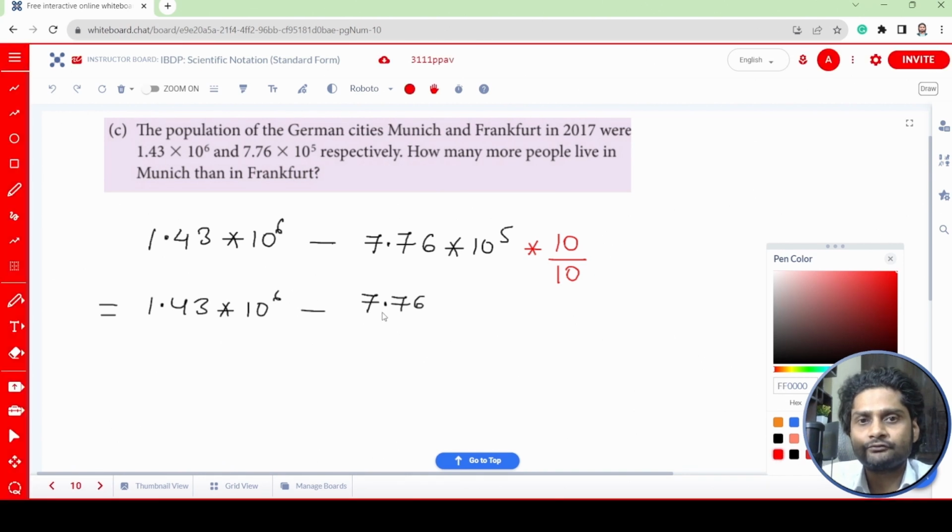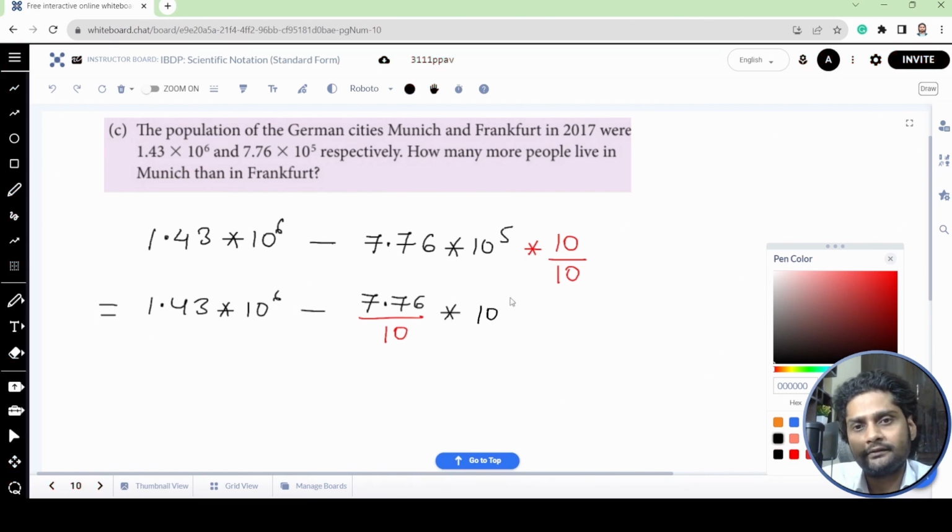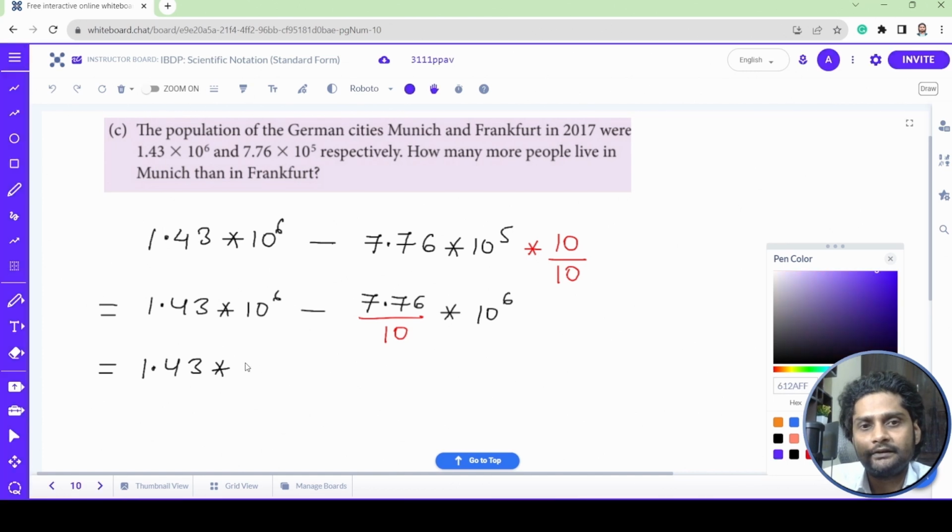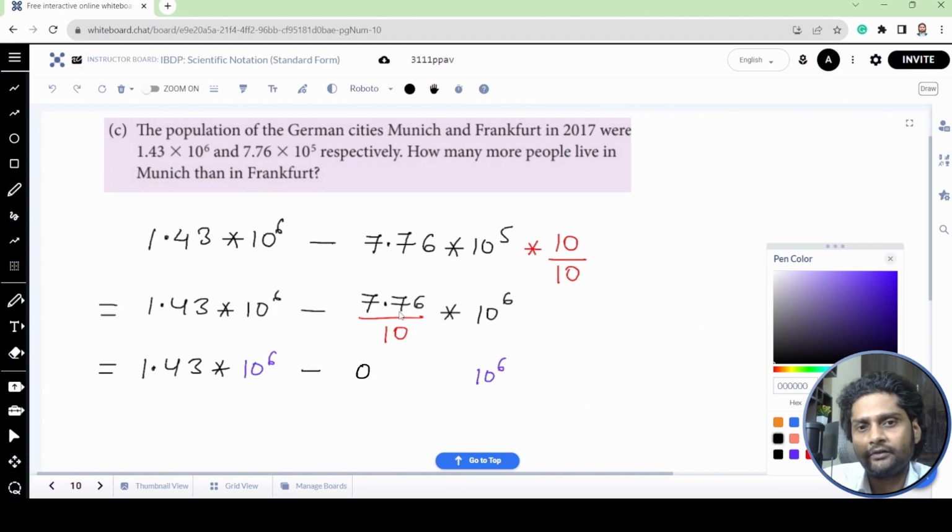And we are of course allowed to multiply 1 to any number. That won't affect it. But the advantage of doing this is this also becomes 10 raised to the power of 6. So now we have 1.43 times 10 raised to the power of 6 here, and the same exponential term even here in the second term. Of course this can be simplified.